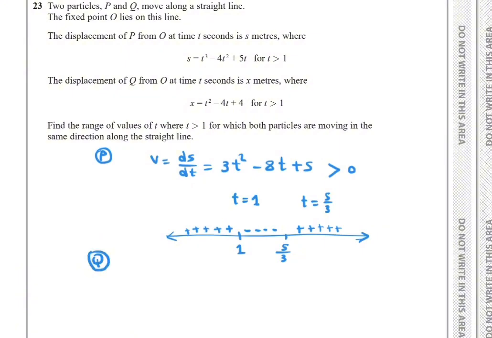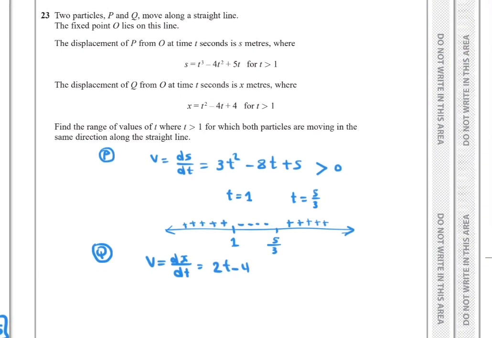We can do the same for particle Q. For particle Q, v equals dx over dt, so 2t minus 4. Now this velocity will be more than 0 if 2t is more than 4.